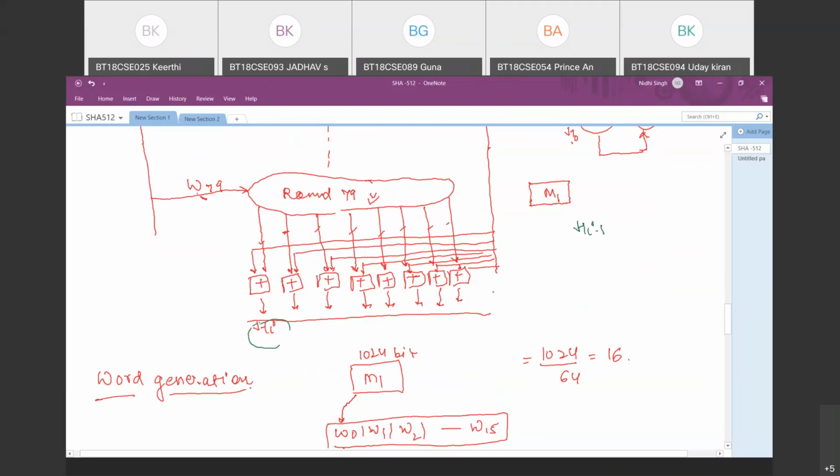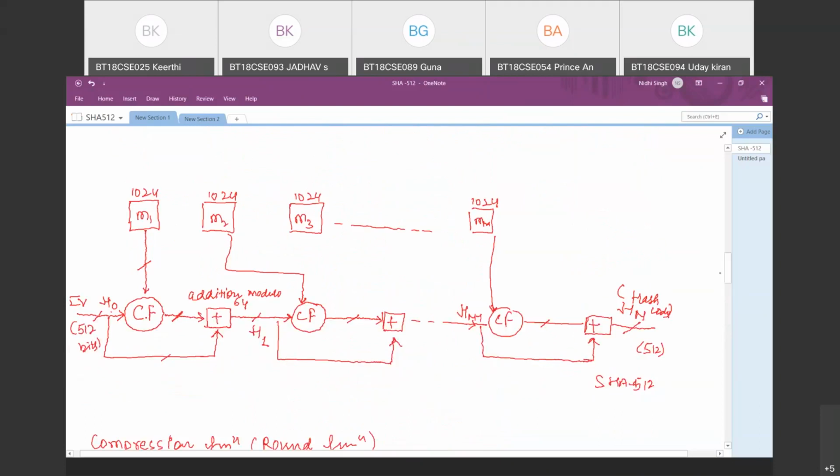We have to repeat this process until all of my plain text blocks are exhausted. All of these we have to do. And at the last block, when there are no blocks remaining, the result will be called the 512-bit hash code.